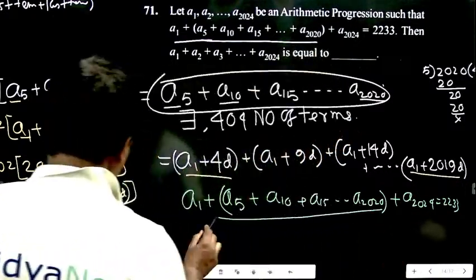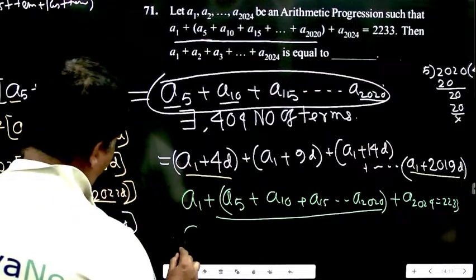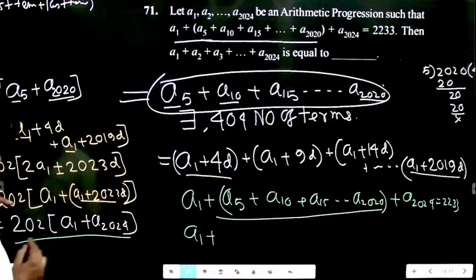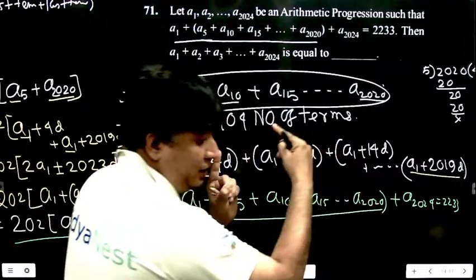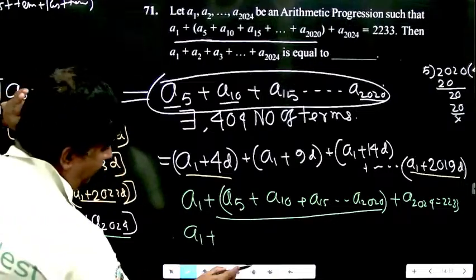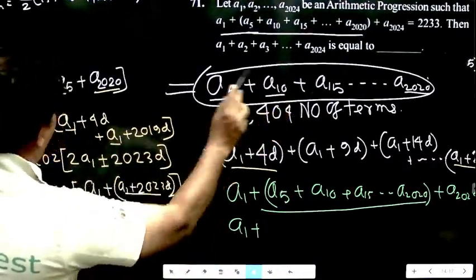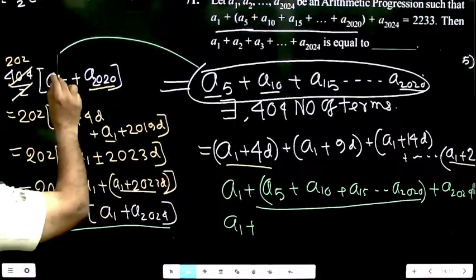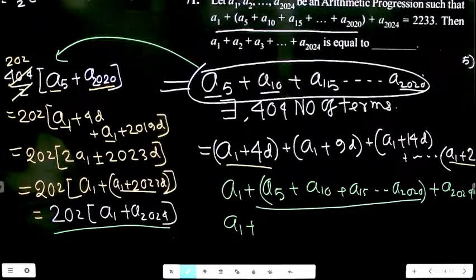Now this result you have just got. Instead of this result, you plug this value and put here. The summation you got here, summation of this number, is reduced to this.